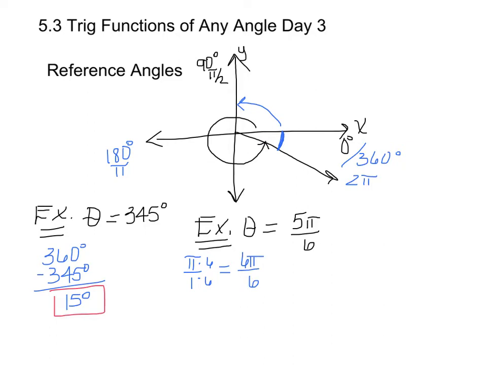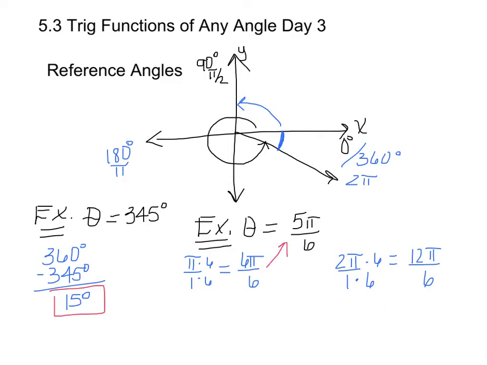But if we wanted to use 2 pi, and we multiply by 6, that'll be 12 pi over 6. So we have to figure out, is 5 pi over 6 closer to 6 pi over 6 or 12 pi over 6? So we would use that one.